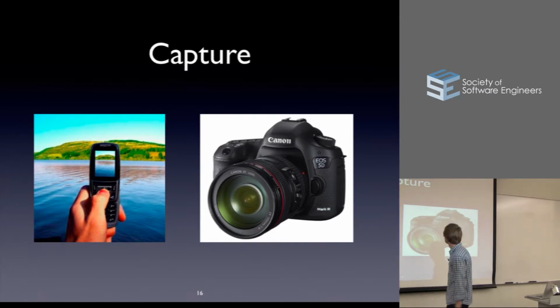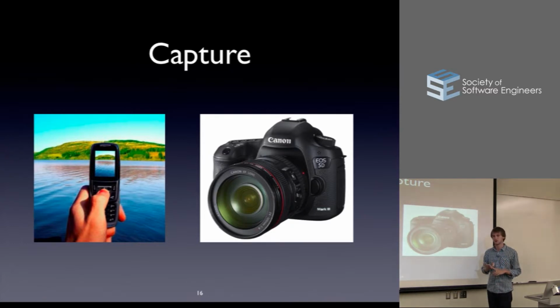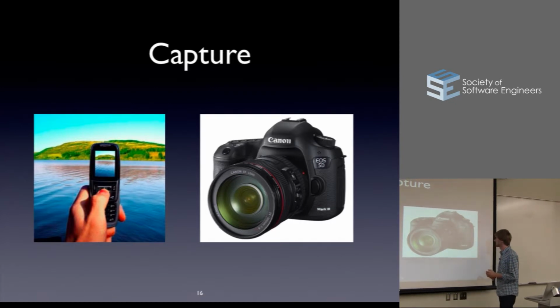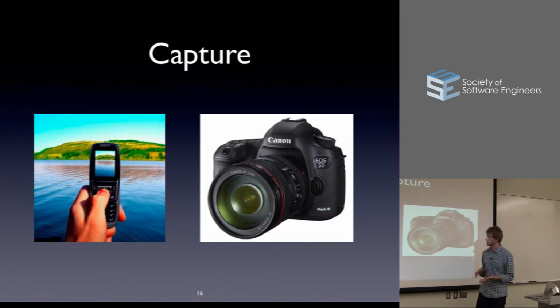Or you can be more fancy and use your DSLR, where you usually have the option to choose JPEG or RAW. If you choose JPEG, it's pre-compressed because of a compression algorithm, whereas RAW saves every pixel value before it is demosaicked, which I will go into in a little bit.